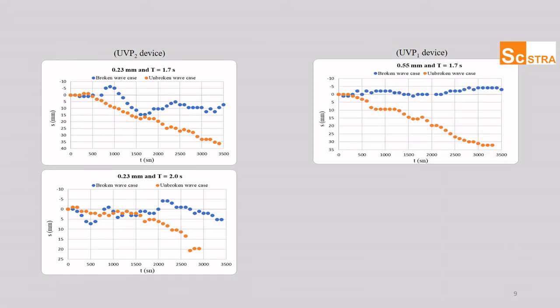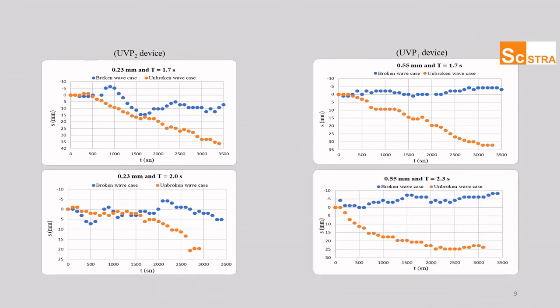And for coarser bed material of 0.55 millimeter, with wave period 1.7 second and wave period 2.3 second.